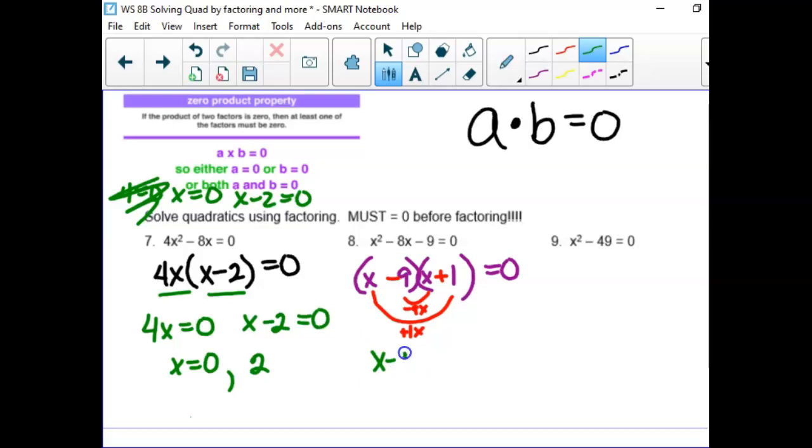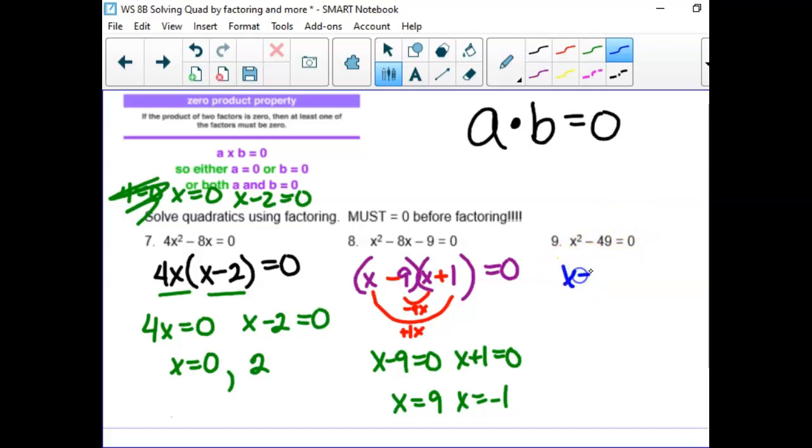Then each one of these could be 0, and you get x equals 9 and x equals -1. Everybody okay? Feel like you've been doing those kind for a while? No? Maybe? There's really 2 ways you could solve number 9. You could add 49 over to the other side and square root it.